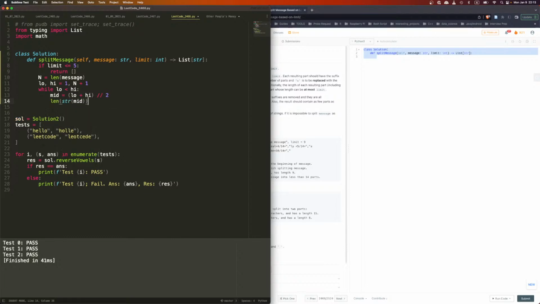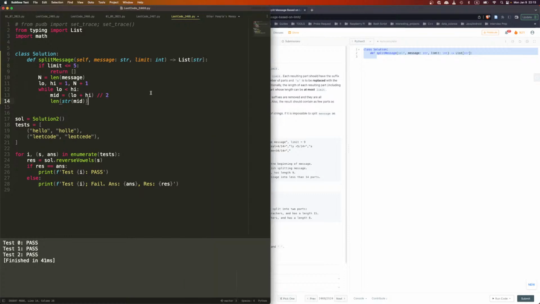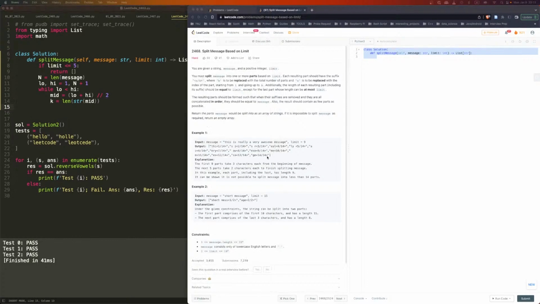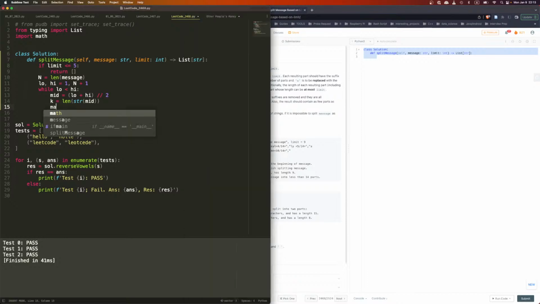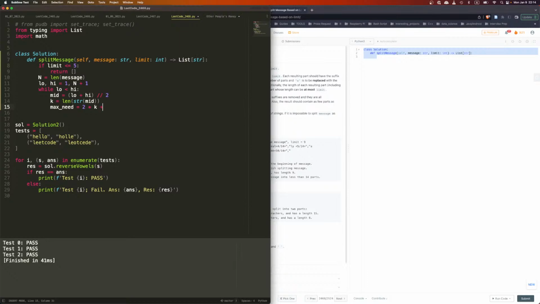So it's going to be str of mid, the length of str mid, as k equals length. So that's this length, the maximum needed. So max need is going to be 2 times k plus 1, 2, 3, plus 3.